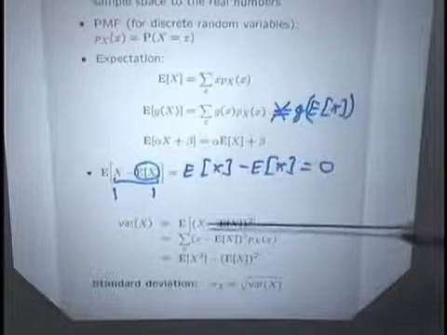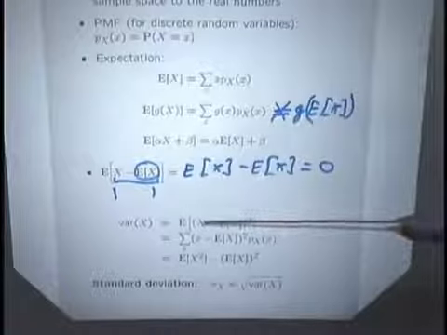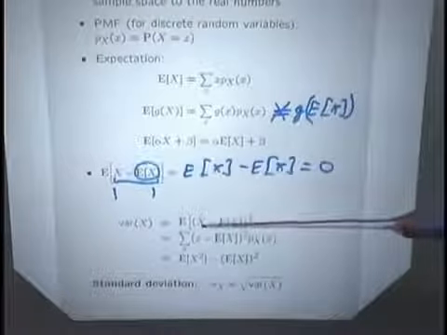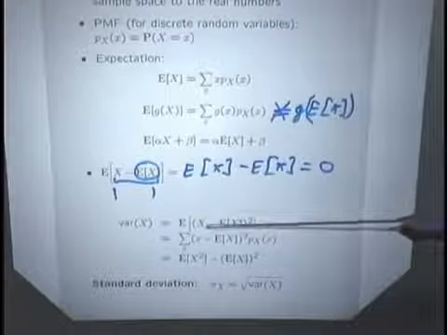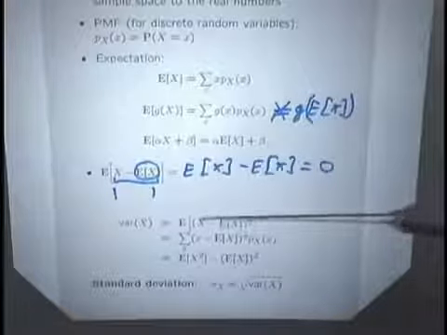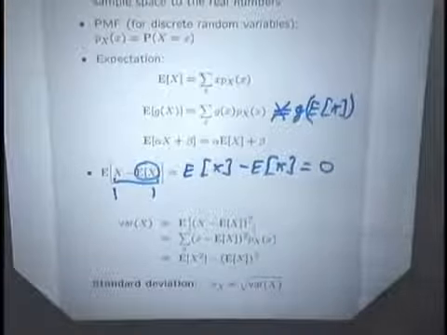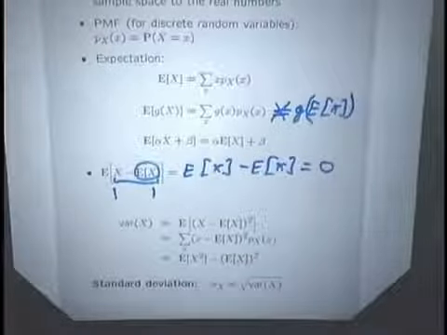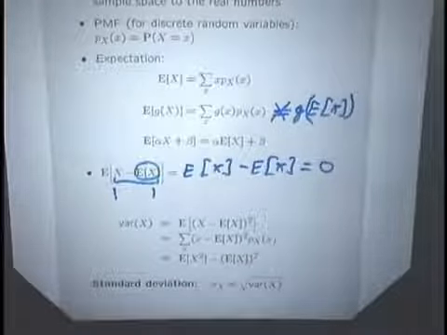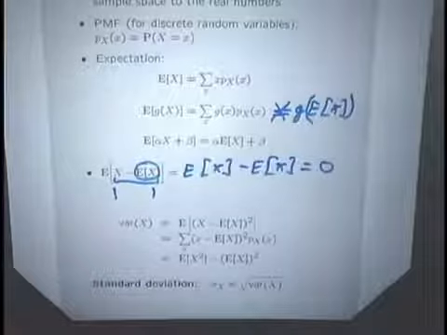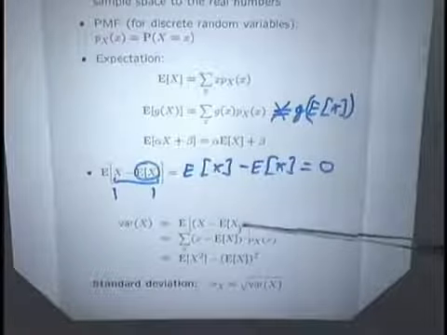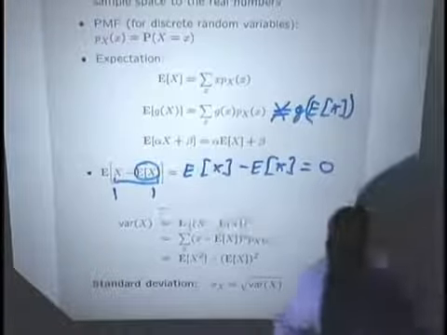So you have a random outcome, a random numerical value of the random variable. It is a certain distance away from the mean. That distance is random. We take the square of that. This is the squared distance from the mean, which is again random. Since it's random, it has an expected value of its own. And that expected value, we call the variance of x.